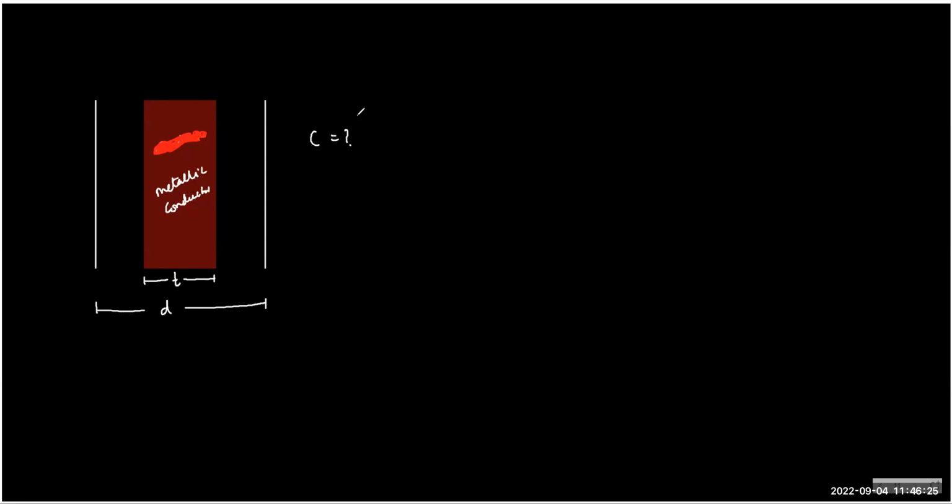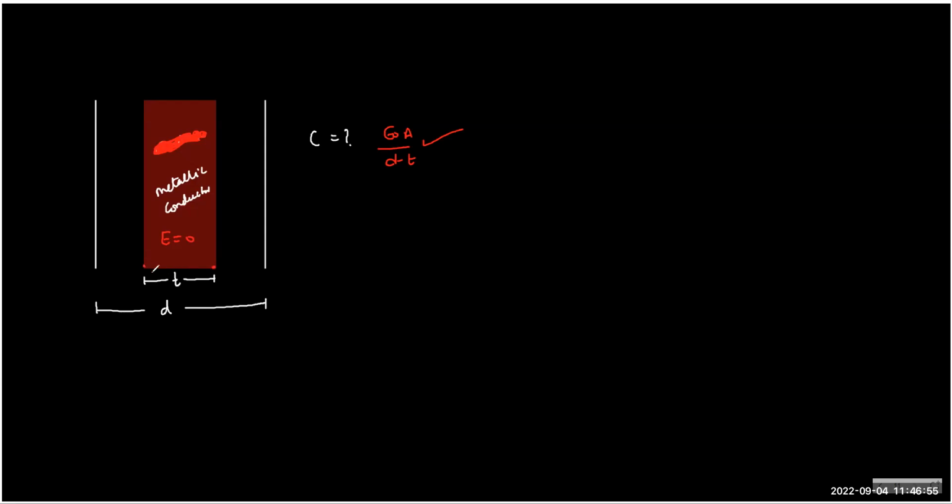The capacitance is epsilon naught A by (d minus t). The conductor will reduce the gap by its thickness because it will offer no field, so no potential difference will appear across it.